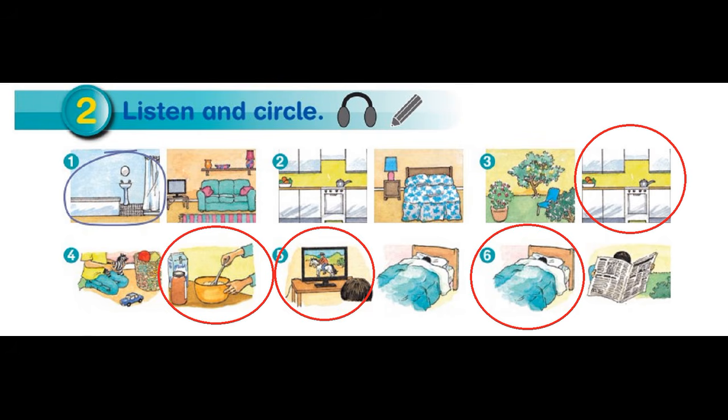What are Hala and Amal doing? They aren't playing with their toys. They are cooking with Dad. 5. What are Aunt and Uncle doing? They aren't sleeping. They are watching TV in the living room. 6. Grandmother, what are you doing? Oh, she isn't reading a newspaper. She's sleeping.